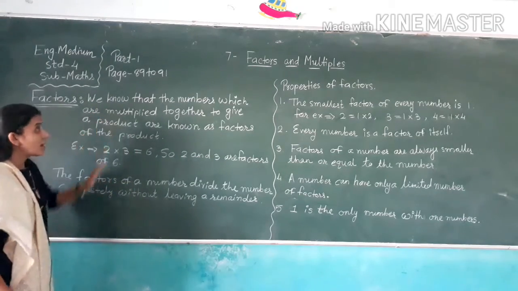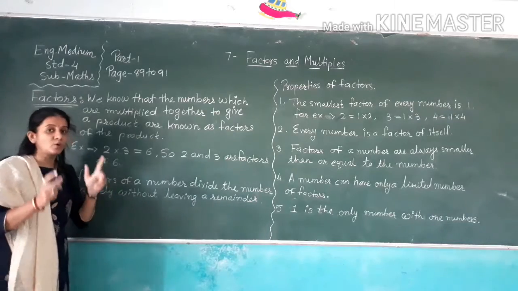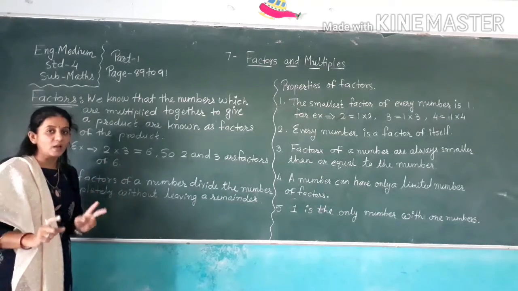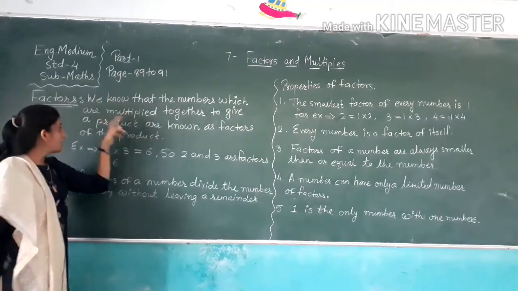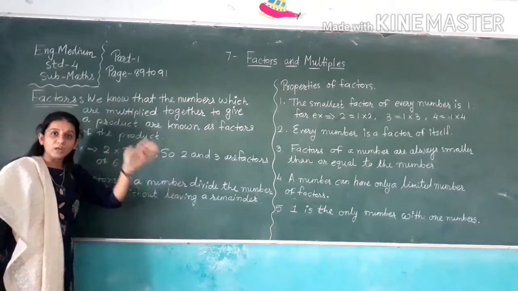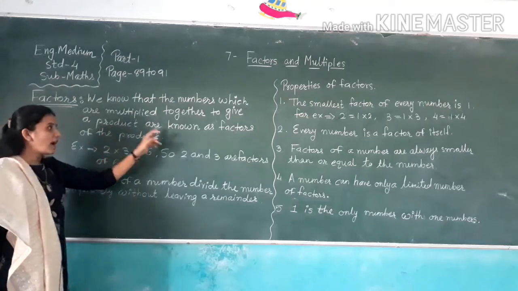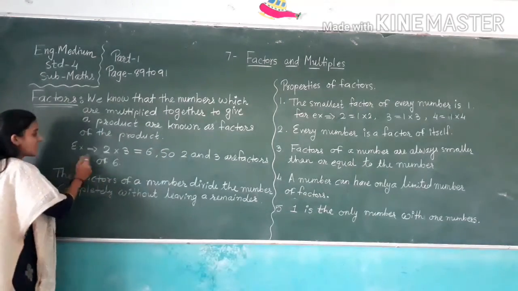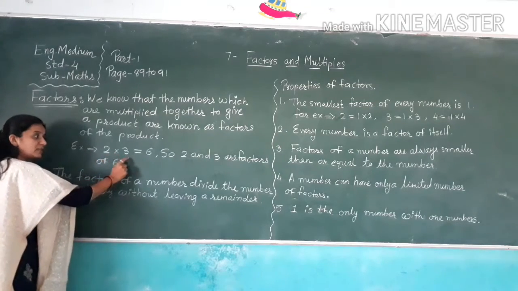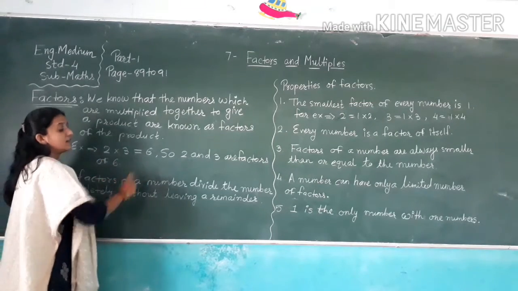Here we know that when we multiply two numbers, the answer we get, the numbers multiplied are called factors. For example, 2 multiplied by 3, we get the answer 6.